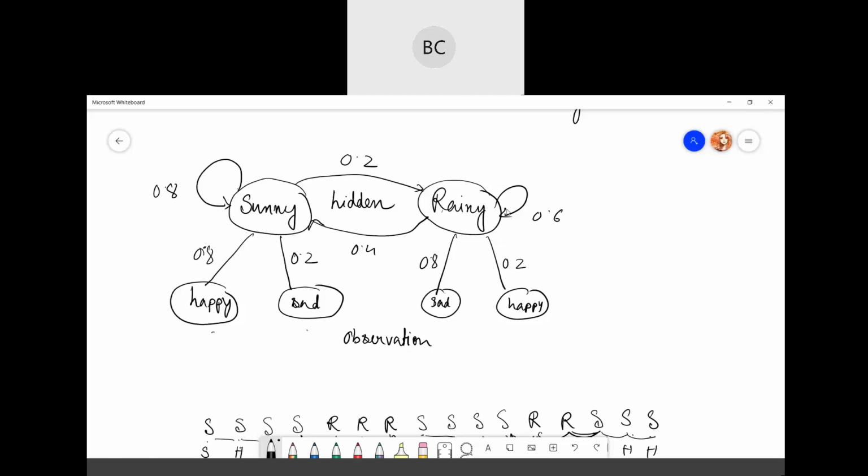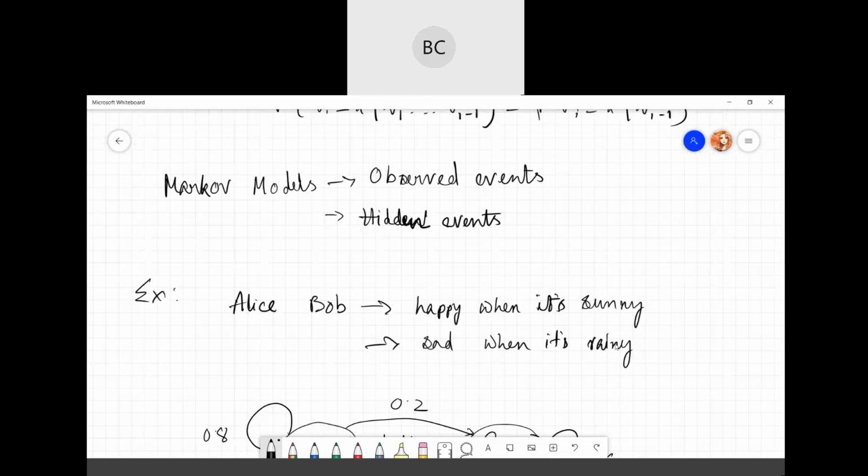I just suggest you go through a few more sums. Maybe I can give you assignments to do some problems, even though in exams I'm not going to give problems involving the hidden Markov model or Bayes theorem, but your concept will be more clear. These are just the basic concepts.